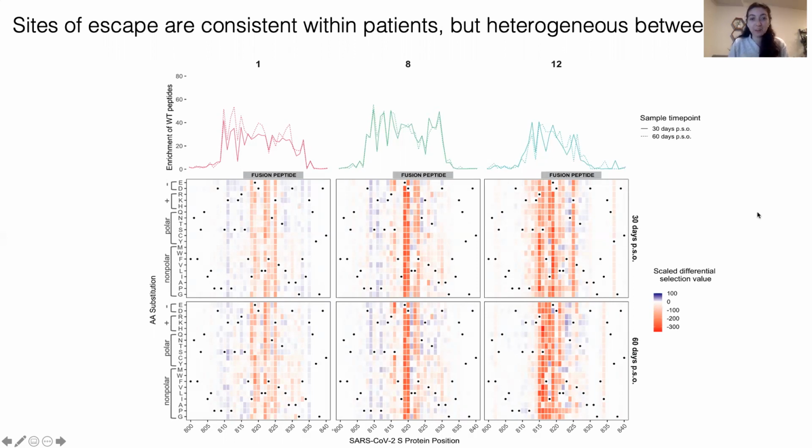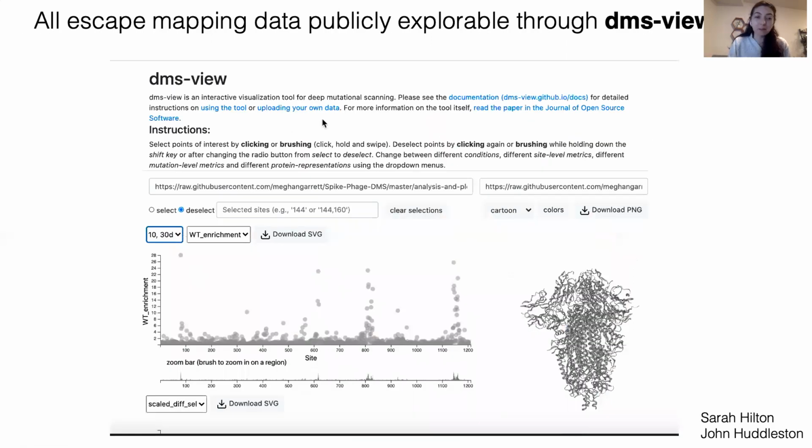If you're interested in examining more of these escape mutation maps, you can look at our paper. In our paper, we link to the entire data set, which is now hosted using this really cool web tool that I want to highlight called DMS View. This was developed by Sarah Hilton in the Bloom lab and John Huddleston in the Bedford lab.